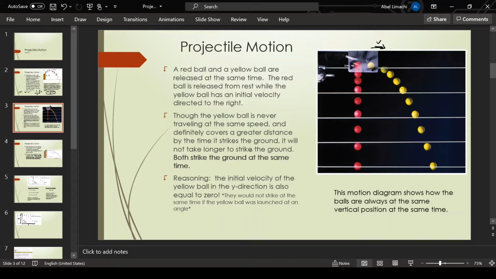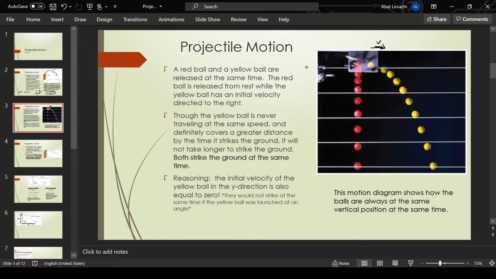Okay, I stole this PowerPoint, I'm going to be honest, and this makes absolutely no sense. But basically what they're trying to say is that even though this yellow ball is moving to the right and getting away from its initial spot, it's going to land at the same time on the ground as this red ball that just drops straight down.